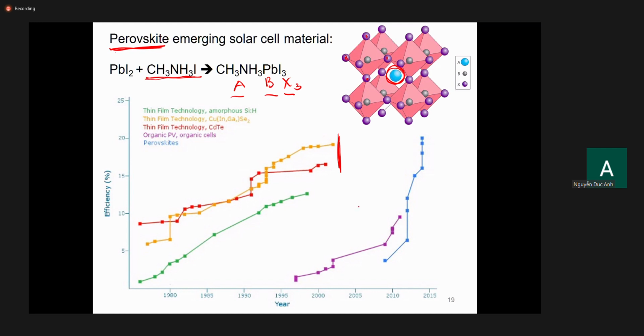But you can see the growth of the silicon technology and the perovskite technology is totally different, right? Perovskite is going much faster compared to the very first one. One of the troubles of perovskite is it is not stable. So a lot of research is still going in that direction to improve the stability of the perovskite.